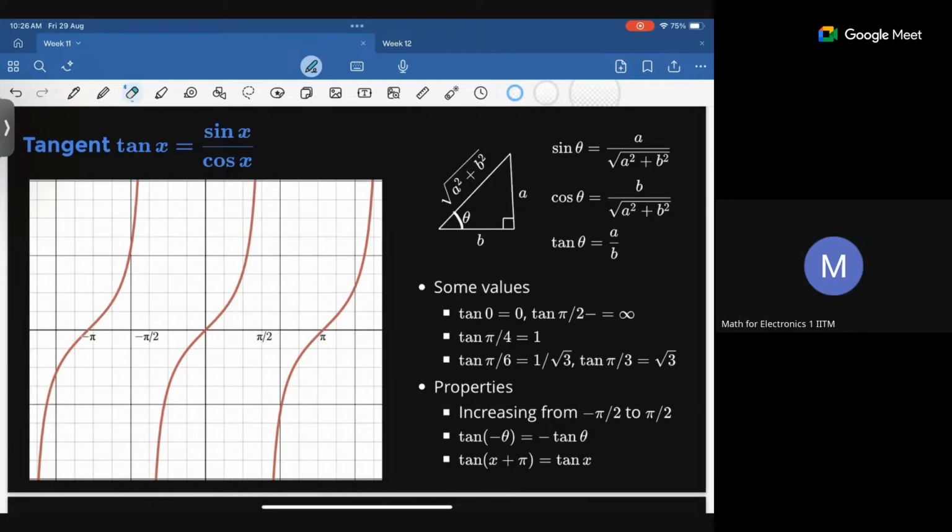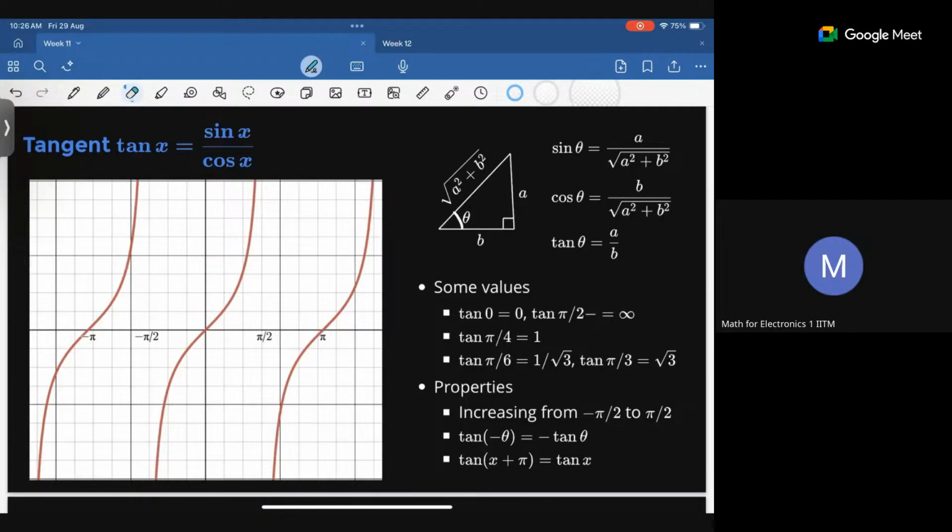The graph of tan x will be like this. It goes from minus infinity to plus infinity. And in the right triangle, tan theta is basically the opposite side length divided by the adjacent side length, which will be a by b, right? So there are some standard values of tan.